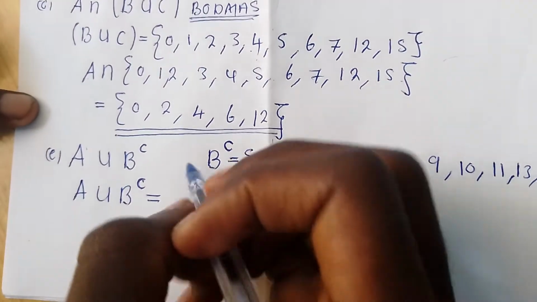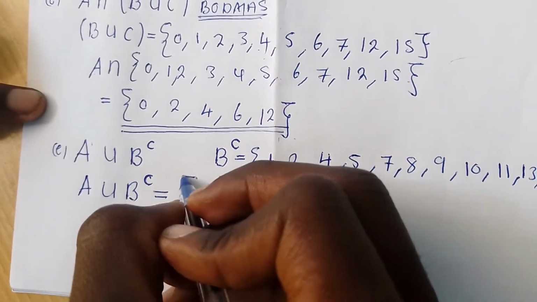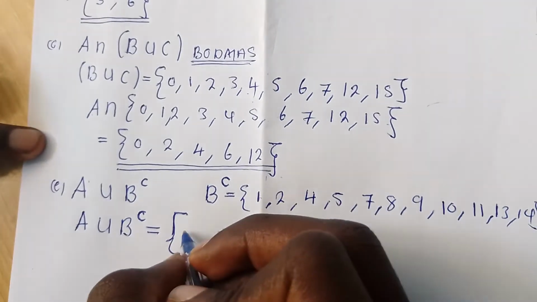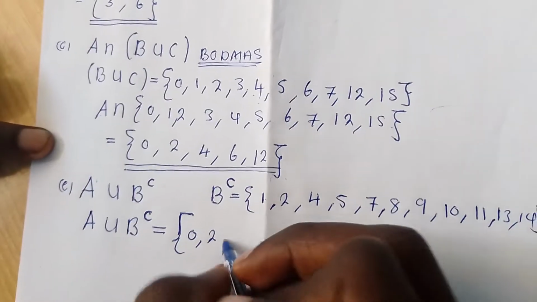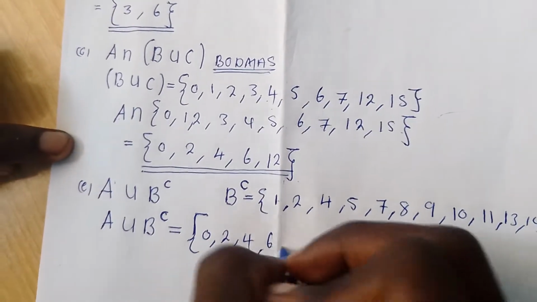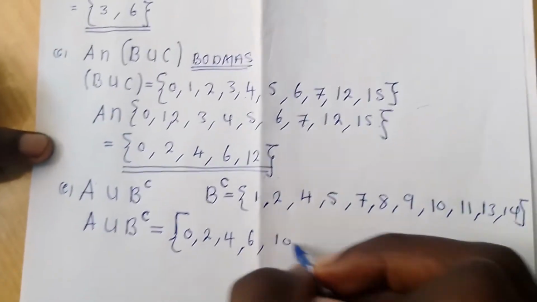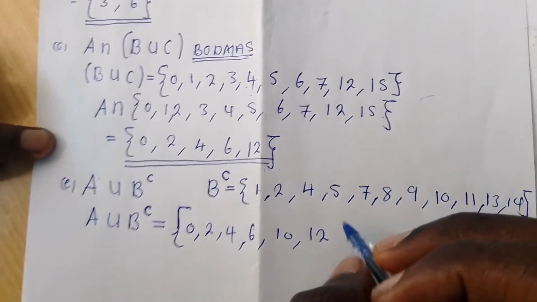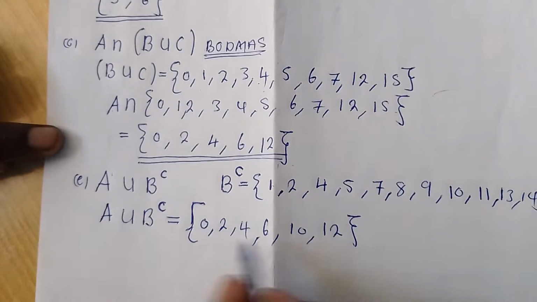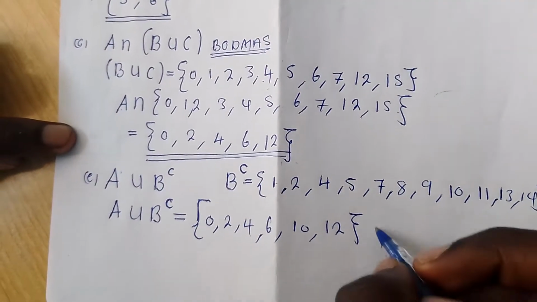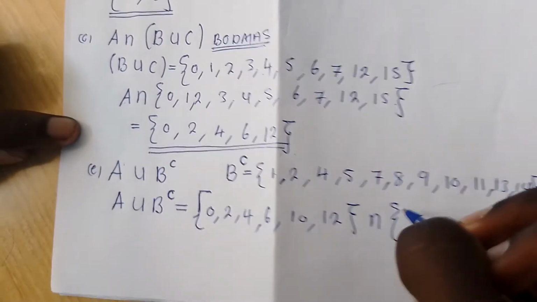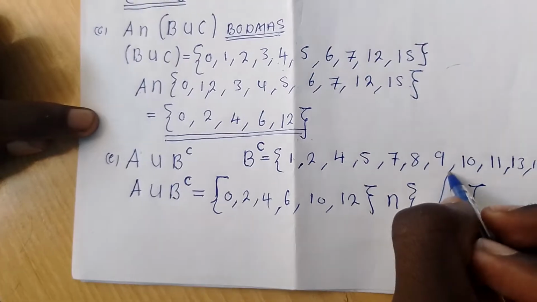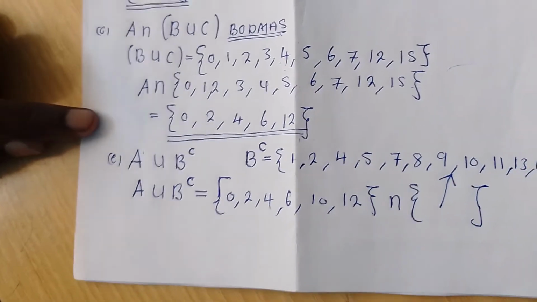So we write the set of A, which happens to be 0, 2, and so on. Now this set is simply intersecting with whatever we have here. That's what this simply means.